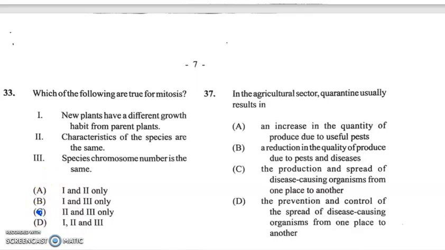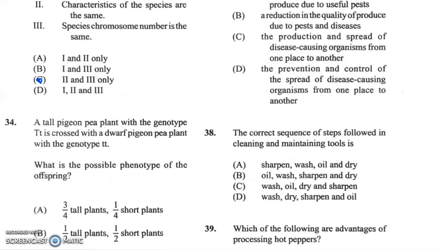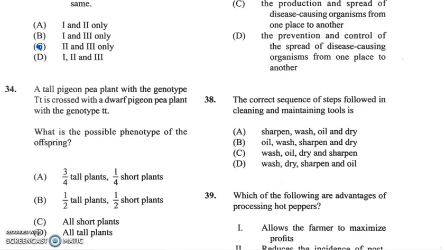Very good. Question 34. A tall pigeon pea plant with the genotype Tt is crossed with a dwarf pigeon pea plant with the genotype tt. What is the possible phenotype of the offspring? And if your answer is B, tall plants and short plants, you are correct.